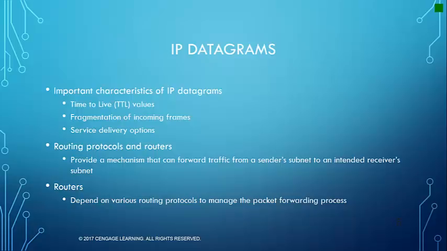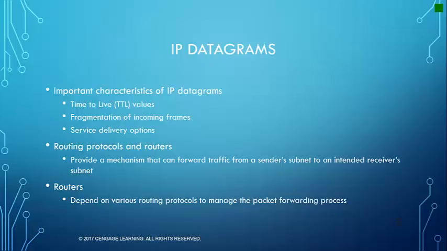So let's look at the IP datagrams. Other important characteristics of the IP datagram include the TTL, the time to live value, which prevents stale frames from persisting indefinitely on the network.